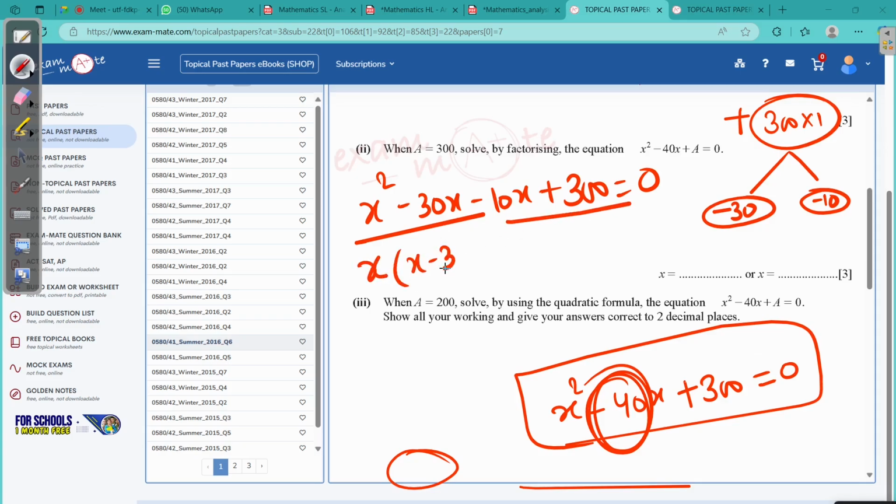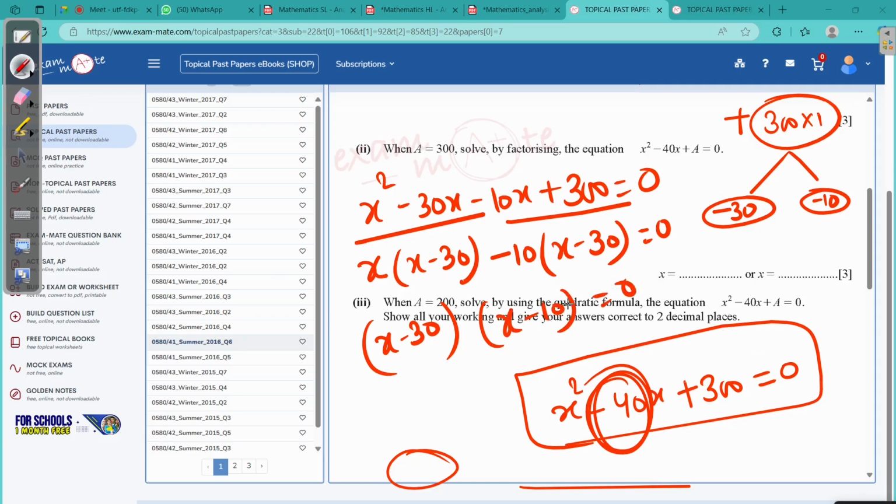So you have to factorize x squared minus 30x. You take x as common, you put the bracket, and you do x minus 30, then close it. And for the next one, you do the same thing. Here I have taken minus 10 as common. Why have I taken minus 10?